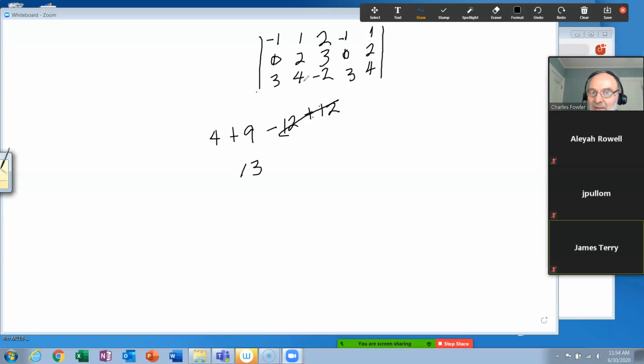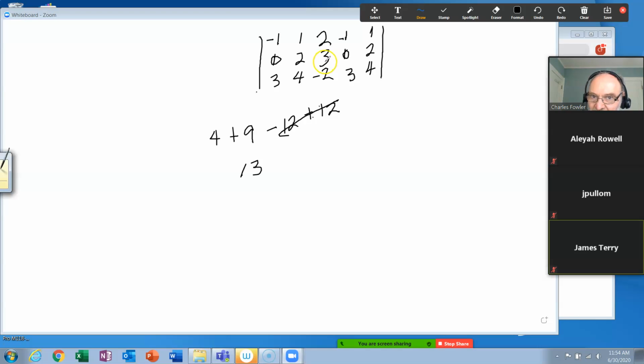Then we did this entry here, A33 times A12 times A23, A31, A12, A23.